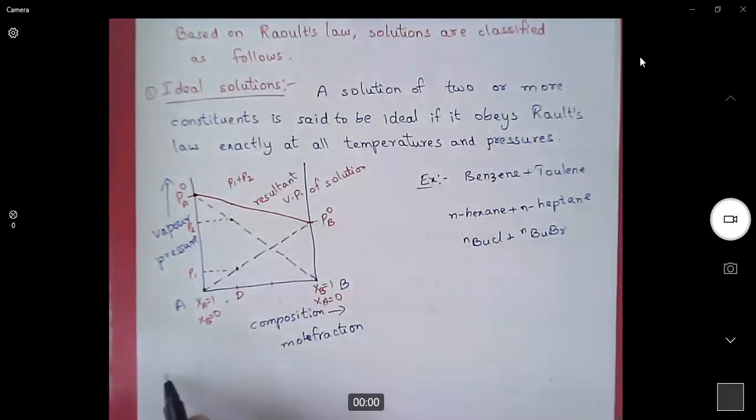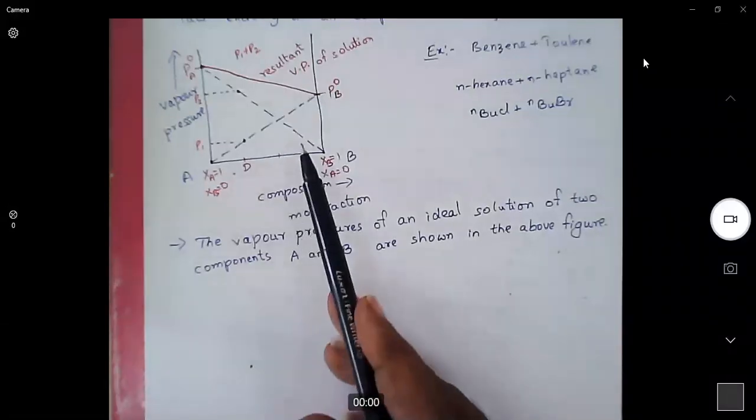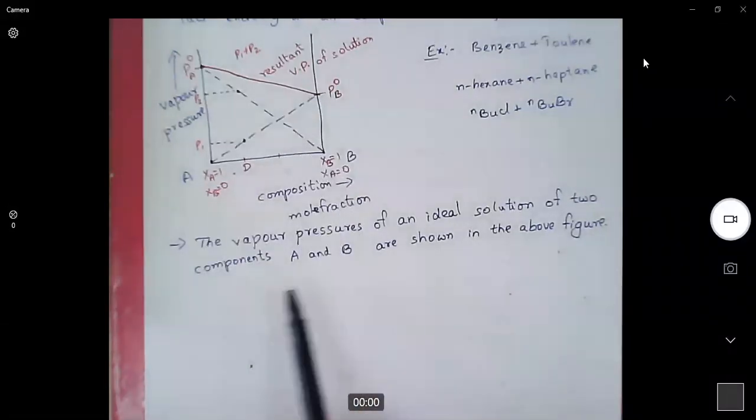I'll give the heading for this graph also. The behavior of an ideal solution with two components A and B is drawn here.